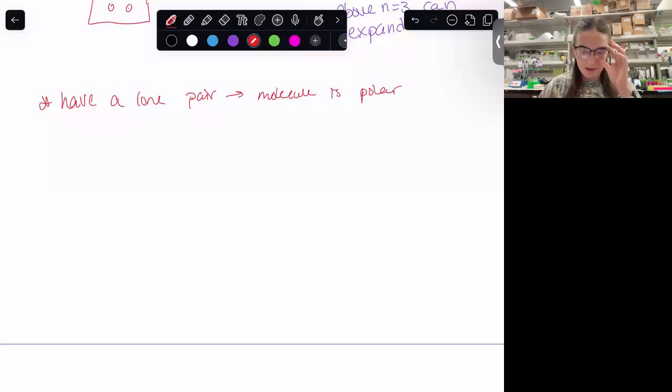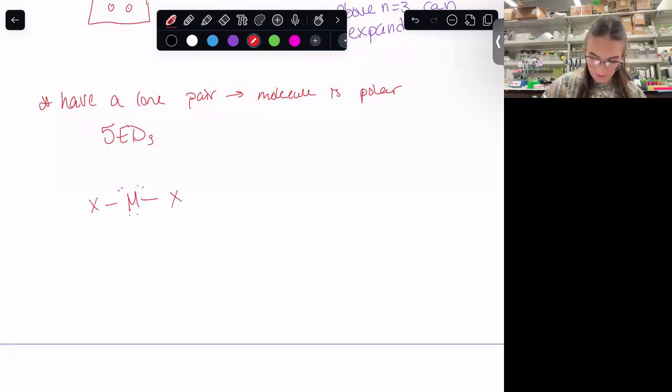However, there are 2 exceptions. That is when you have 5 electron domains. If you have your central atom M and you have this shape here, which is linear, your X's are axial and your lone pairs are equatorial.